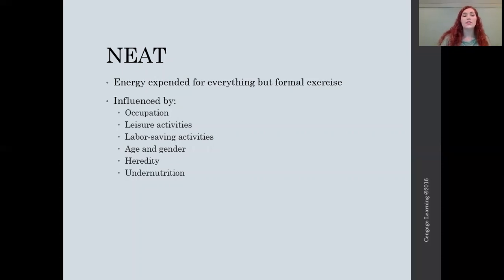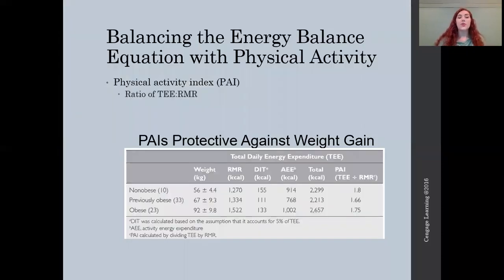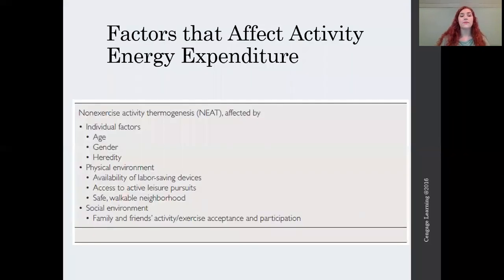of exercise. This right here is a physical activity index, and it just shows the relationship between total energy expenditure and resting metabolic rate. And then again, these are some more factors that can affect activity energy expenditure: individual factors like we talked about earlier, as well as some aspects of an individual's physical environment.